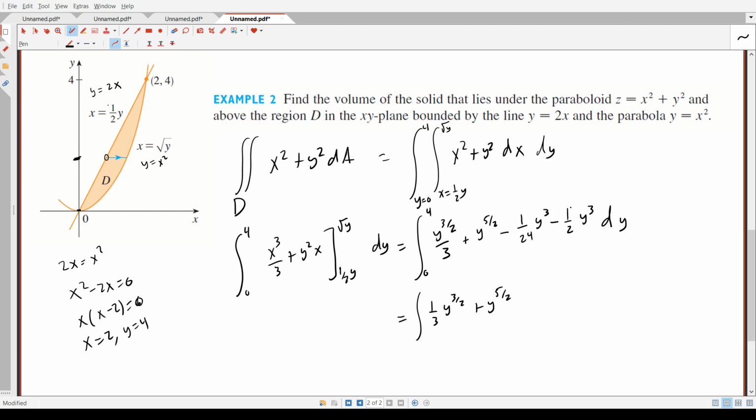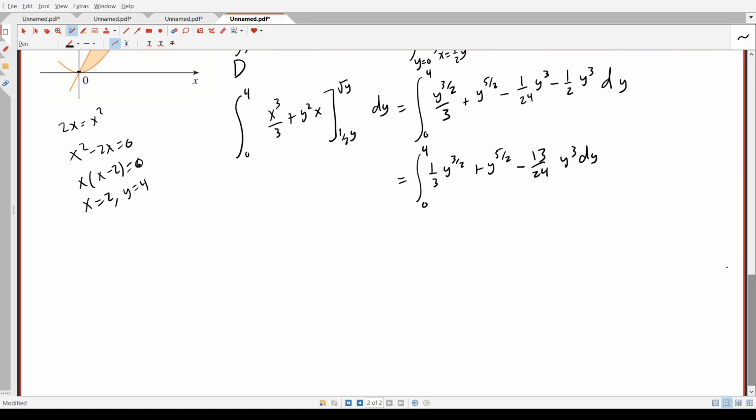Right, so this is minus 12 over 24, so minus 1, so it's going to be minus 13 over 24, y cubed, dy. And again, y goes from 0 to 4. Okay, so we integrate like usual.